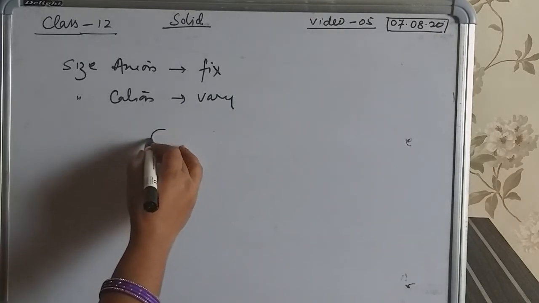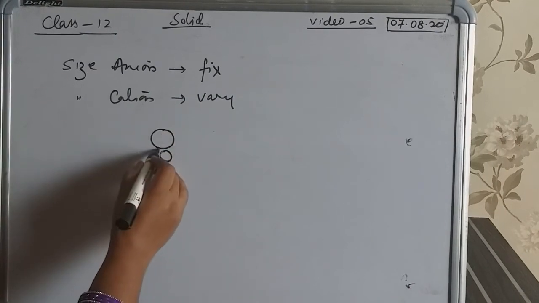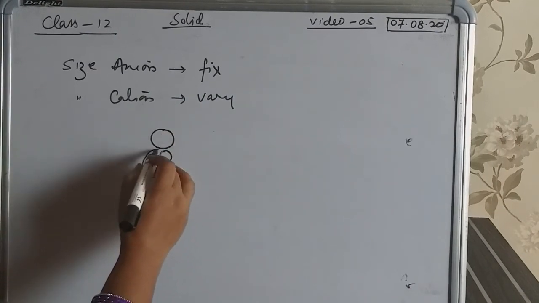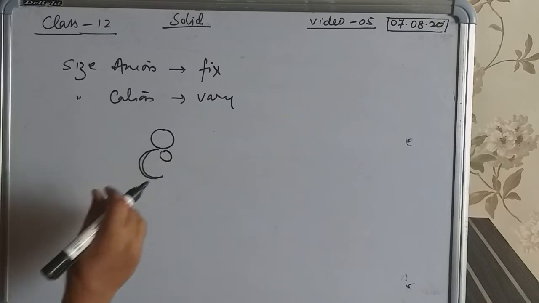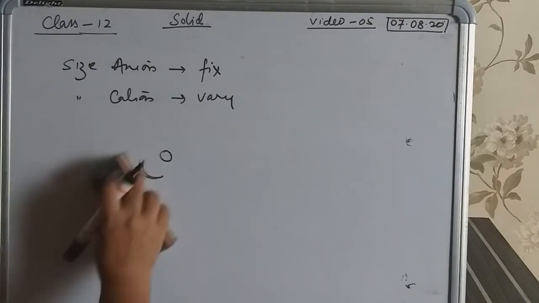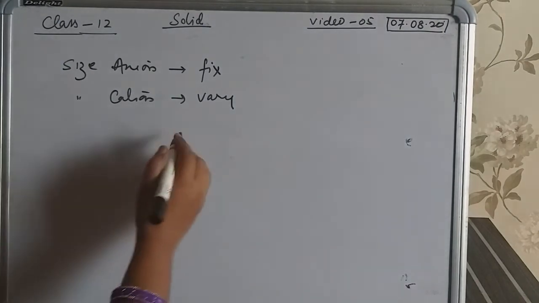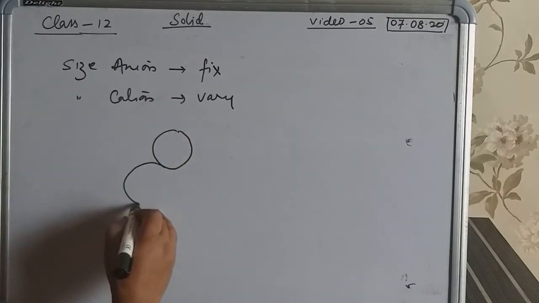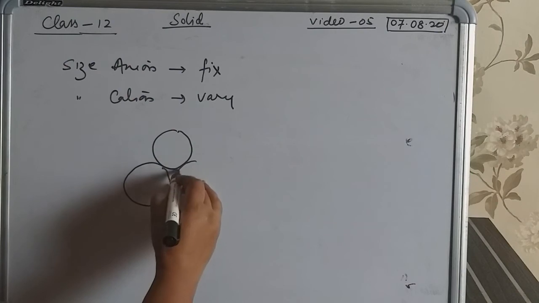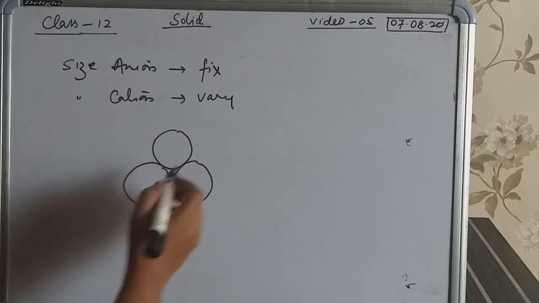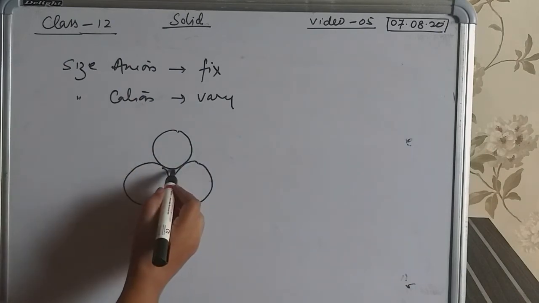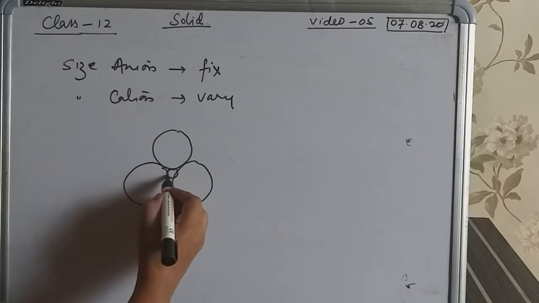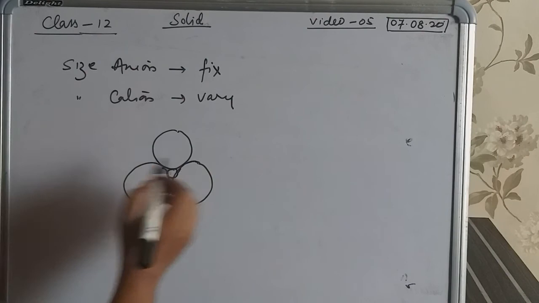And suppose three anions like this, and here is the cation present in this void.